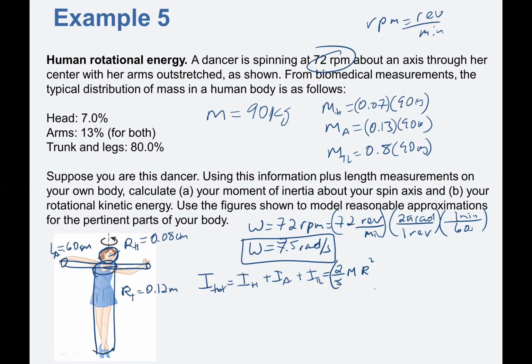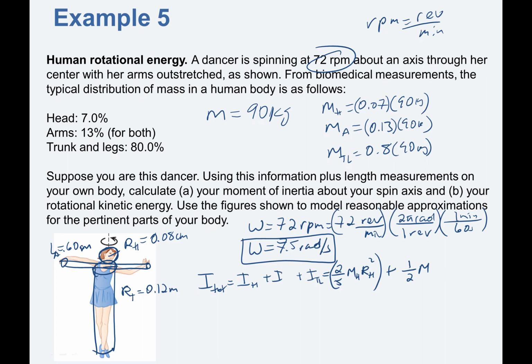So this is the moment of inertia for the head, plus the moment of inertia of the trunk and legs, which was a uniform solid cylinder, and that was 1/2 mr squared.